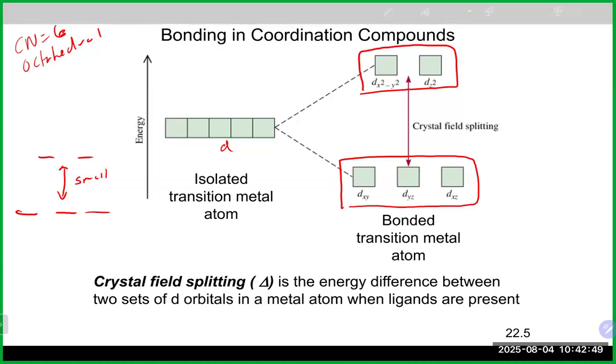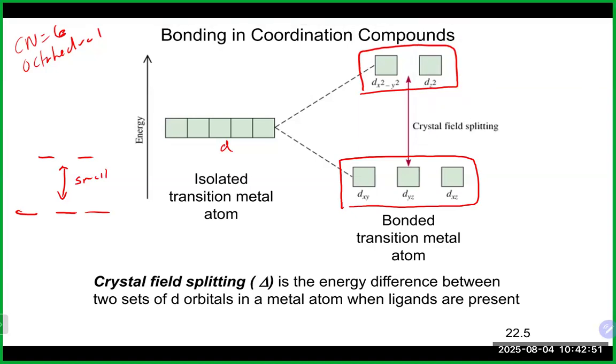In that case, the electrons would distribute themselves kind of like normal. They would go to the lowest energy d orbitals first, and since there's not a big difference to the ones up there, they'll go up there too and just fill like normal.